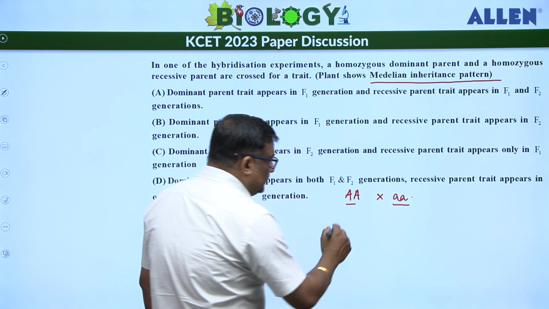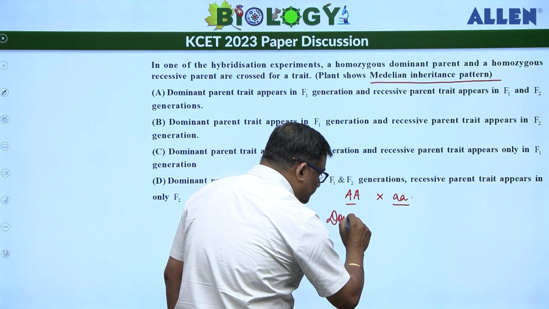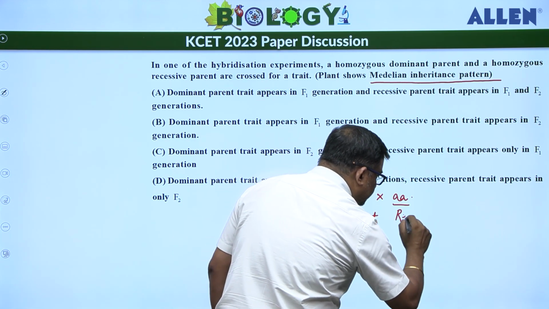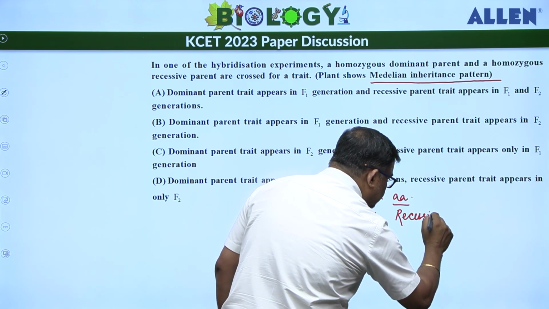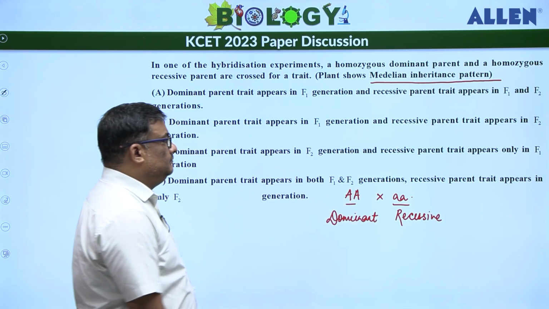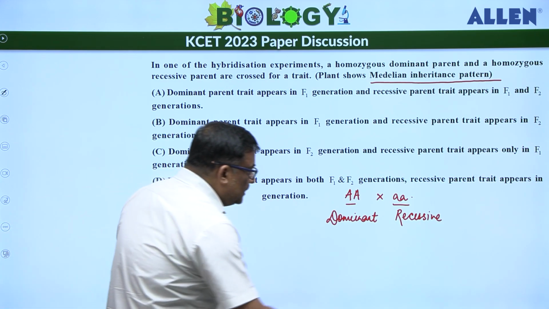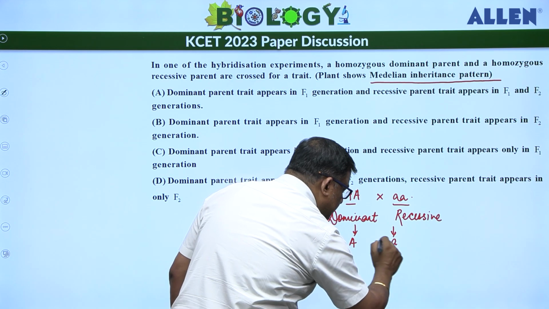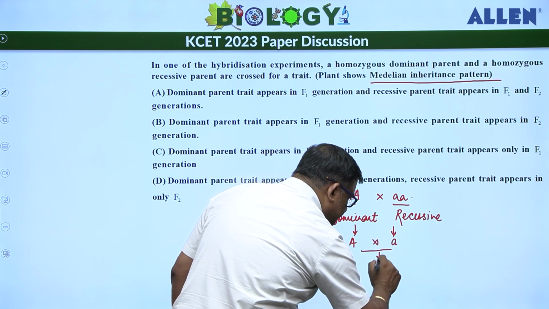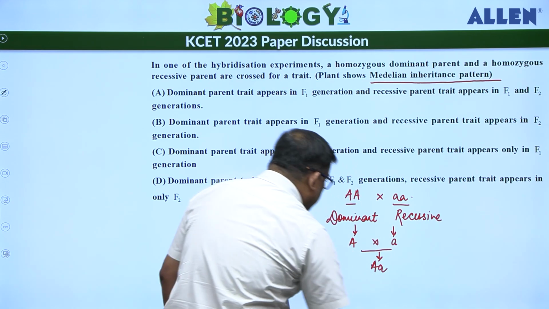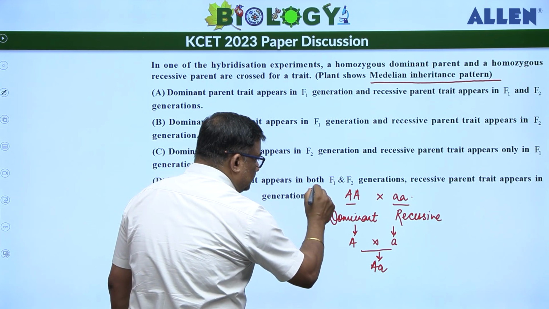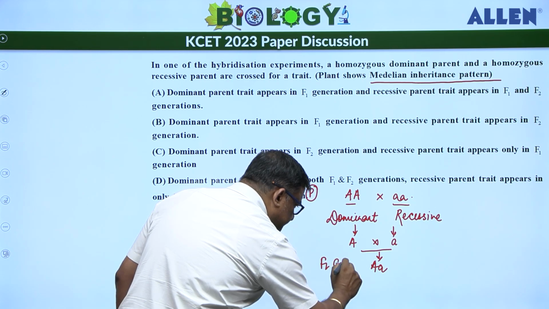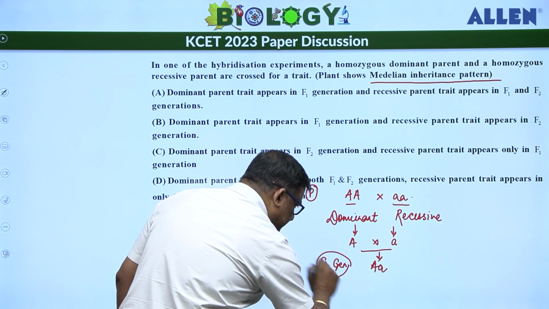So this one is going to be dominant and this one is going to be recessive. Now try to make the gametes out of it. This will give you just capital A, this will give you small a. Cross both of them, capital A, small a. So this was basically the parental generation we have, and this one is going to be the F1 generation.